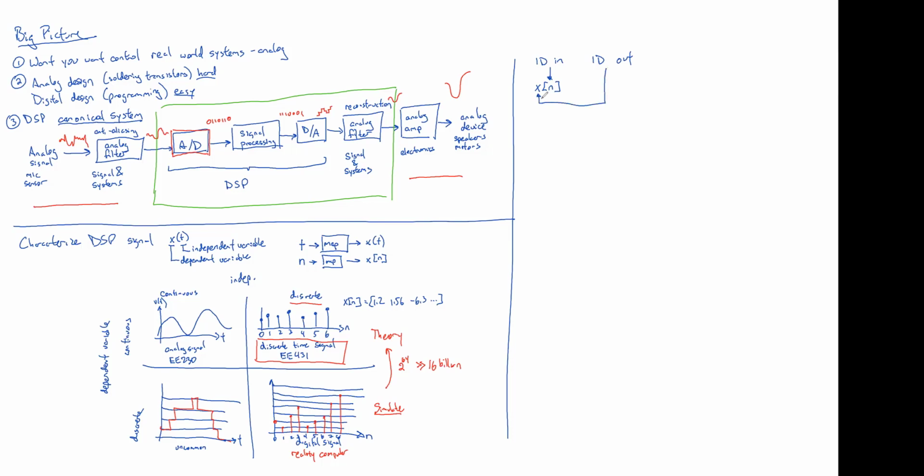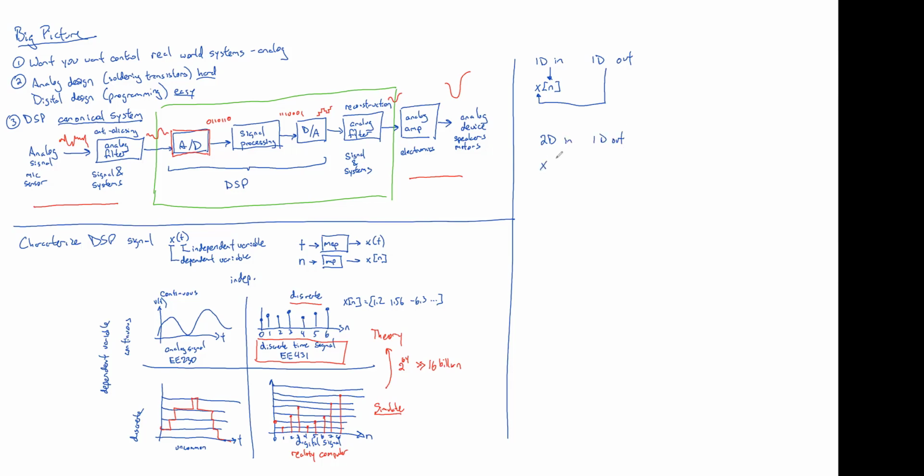It's like a signal. But you can have things that are two-dimensional. For instance, you could have two dimensions in, one dimension out.